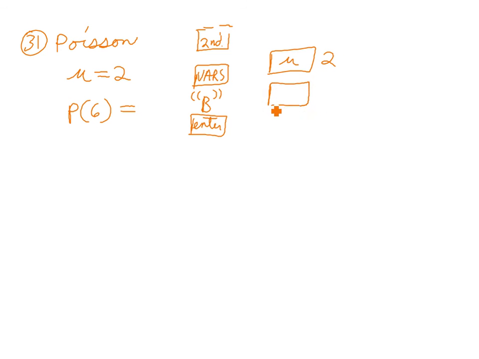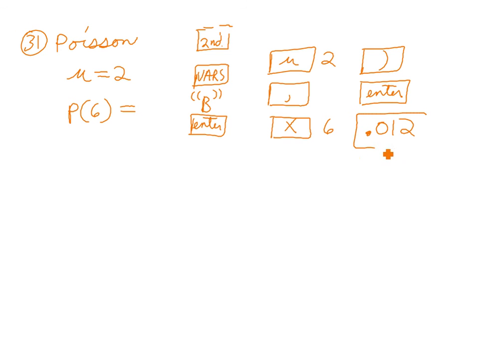Then you hit a comma. Then you enter your x, which in this case is 6. Then you close your parenthesis. You hit enter again, and it pops up your answer. Your answer this time should have been 0.012. So about a 1% chance that in a certain hour we're going to get 6 calls.